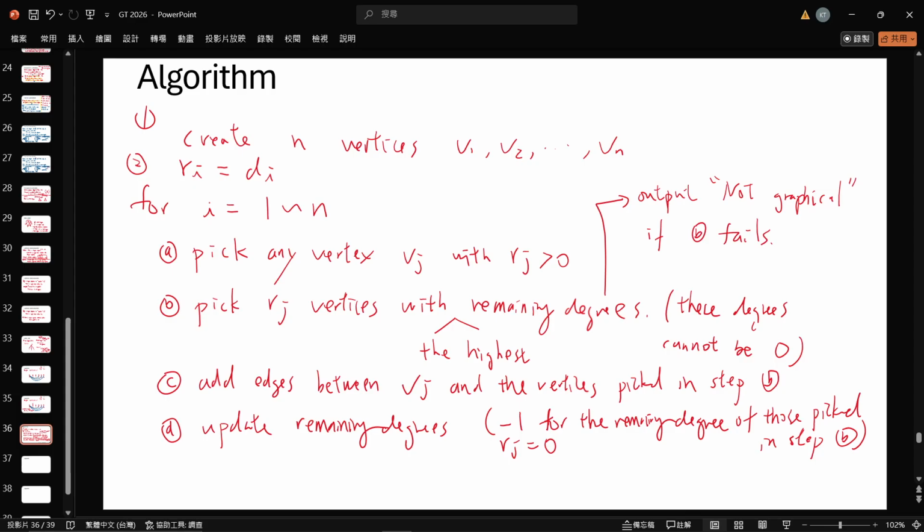And actually, we don't need n rounds. As long as we cannot pick a vertex with remaining degree greater than 0, in other words, if all the remaining degrees are 0, then we're done, because we don't have to add any more edges.